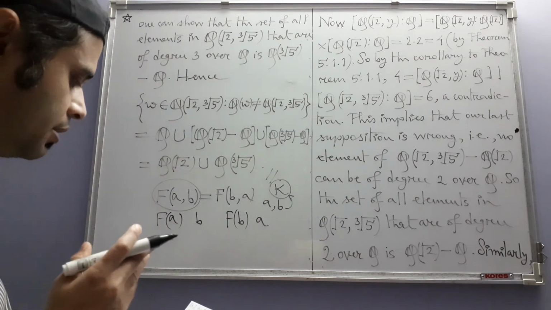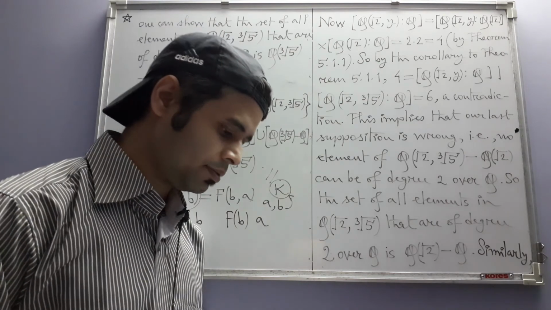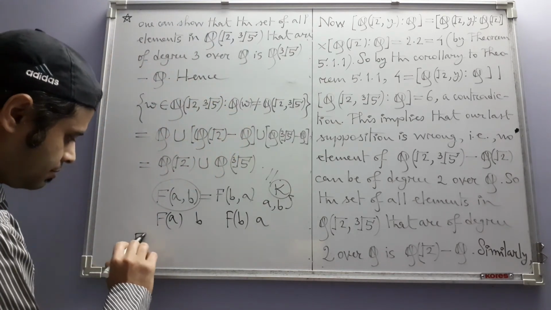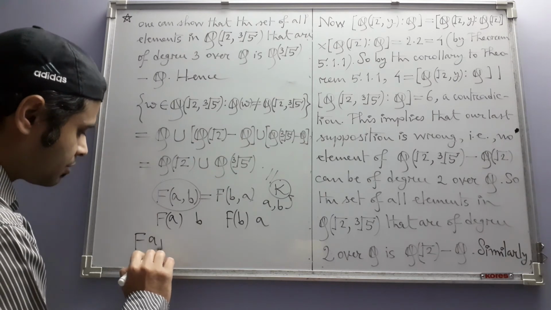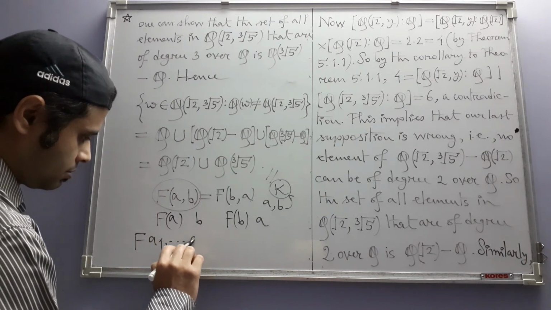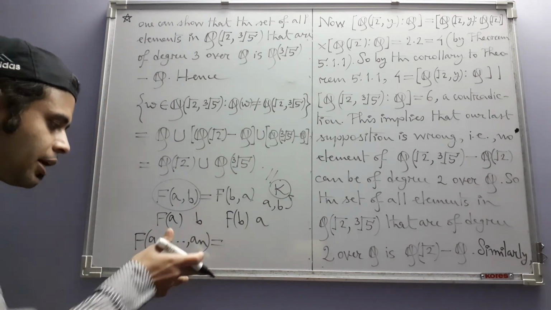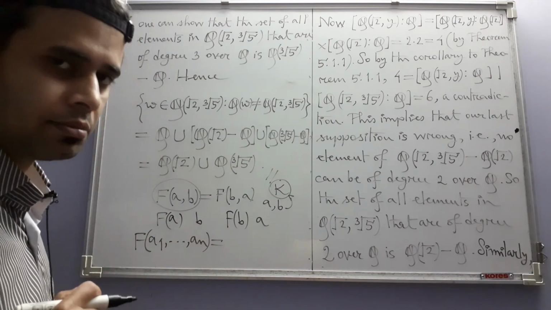So that we will see in exercise 7 and its general version, where we have any number of elements and you can permute these elements.